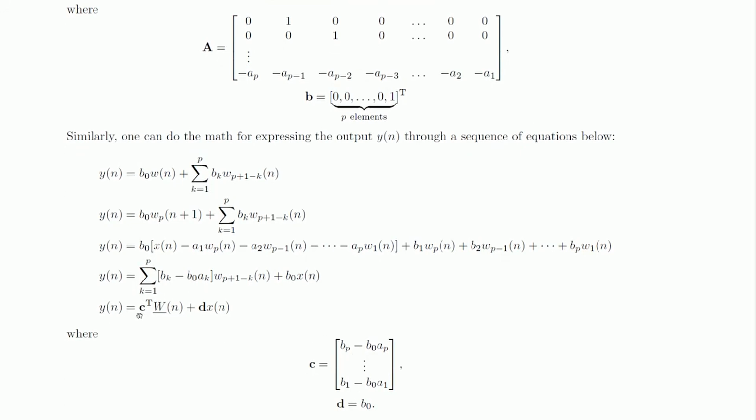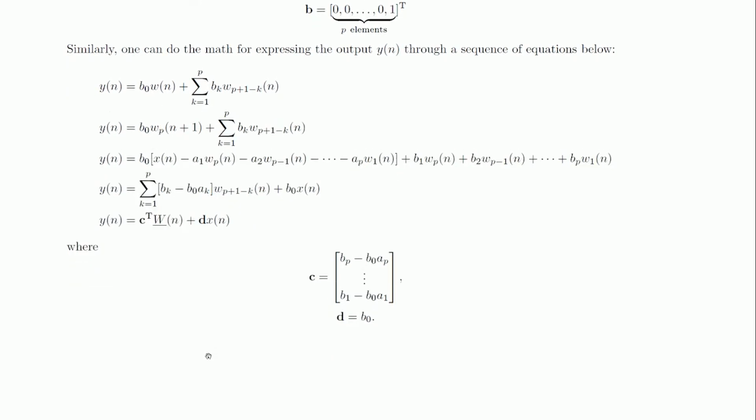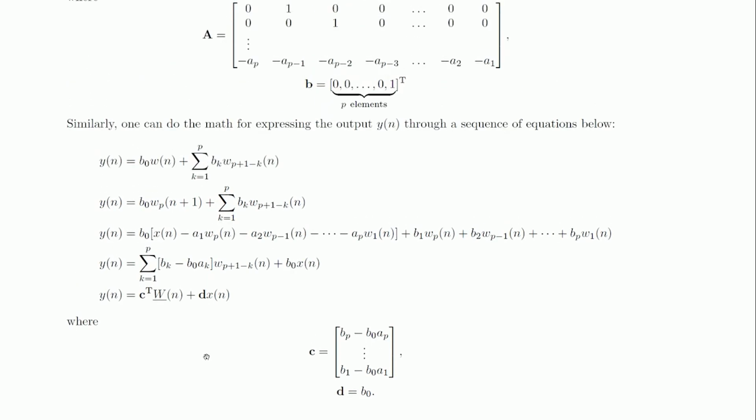So, this vector C is basically given by this form. The first element is Bp minus B naught AP and so on, the last element is B1 minus B naught A1. So, now we have all our variables that can describe the state space model.